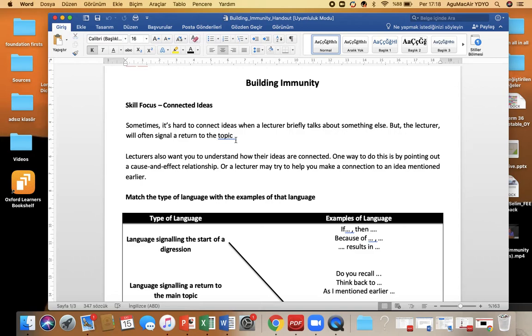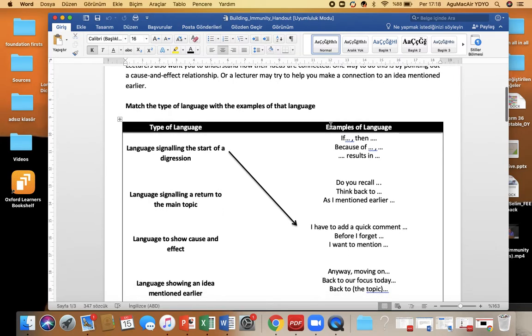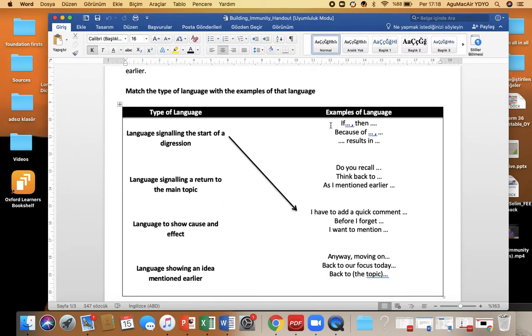So you need to be careful with the phrases he or she uses, right? They also want you to understand how their ideas are connected. To do that, they point out a cause and effect relationship. They try to help you make a connection to an idea mentioned earlier. So of course, the language is very important. You need to focus on the language because they use some phrases related to this.